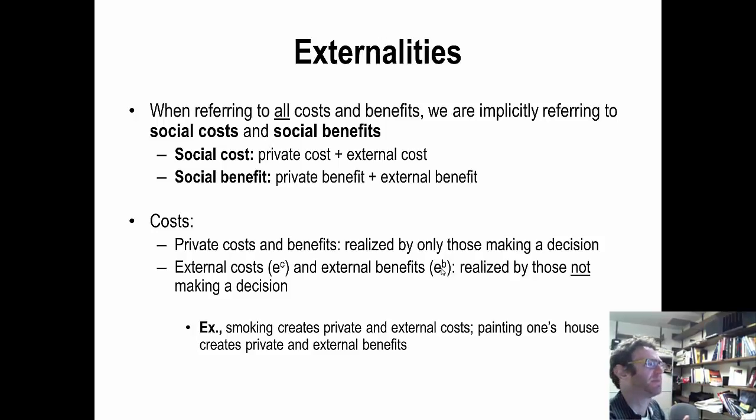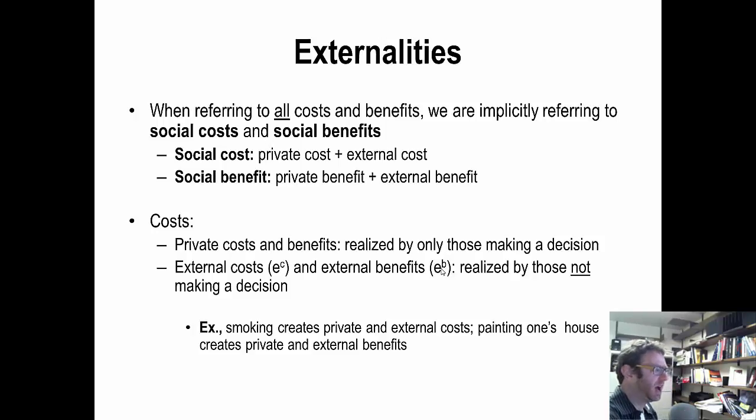But think of a different type of transaction, maybe the production and consumption of cigarettes. The costs to the smoker being the adverse health effects, in addition to the monetary. But there are clearly external costs, in particular those that flow to secondhand smokers. These are players in the economy that have no say in the decision to smoke or to consume cigarettes, and yet they bear some of the costs.